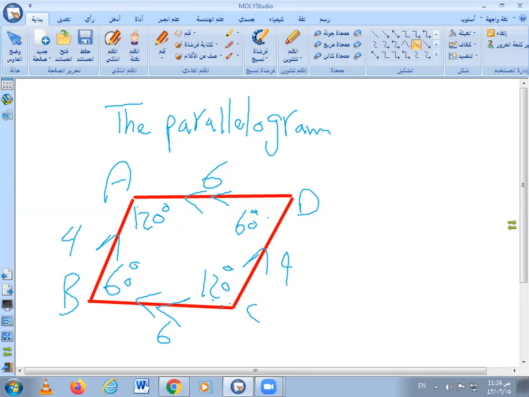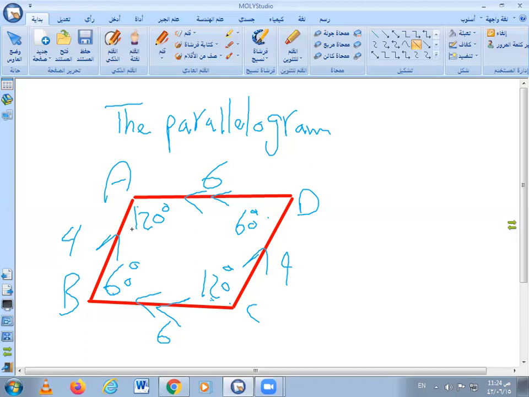Their sum of measures is 180 degrees. 60 plus 120 is 180. The measure of angle D plus the measure of angle A is 180. The measure of angle A plus the measure of angle B is 180. Again, each two consecutive angles have a sum of measures of 180 degrees.